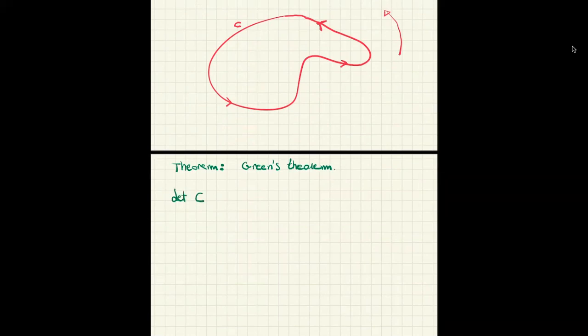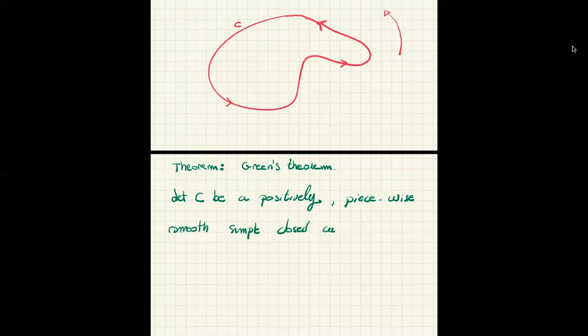So let C be a positively oriented, piecewise smooth, simple, closed curve in the plane.